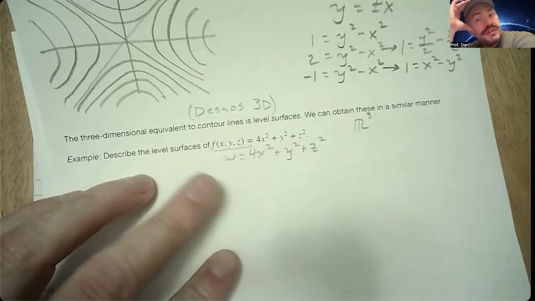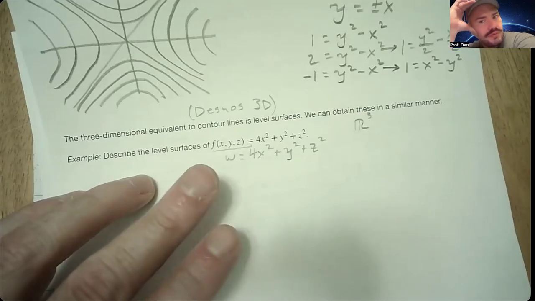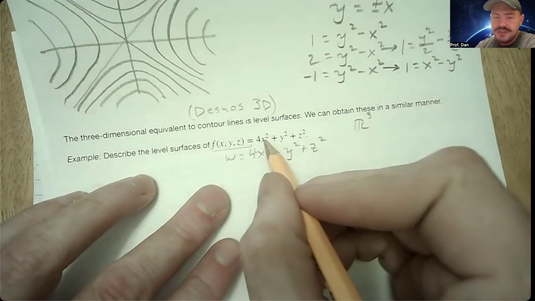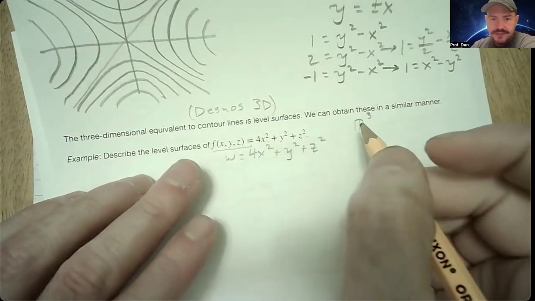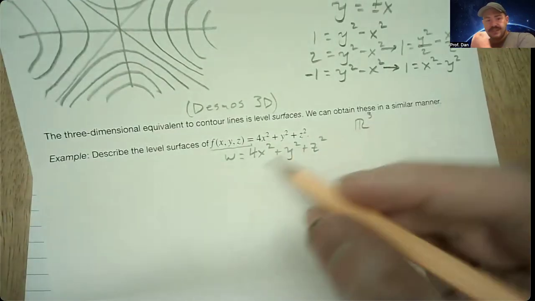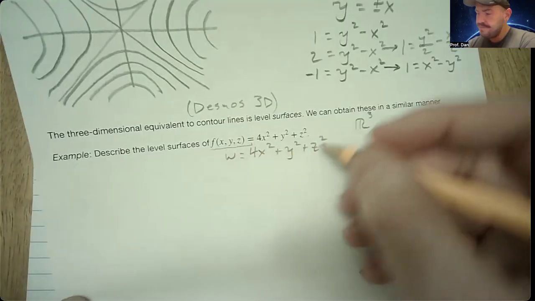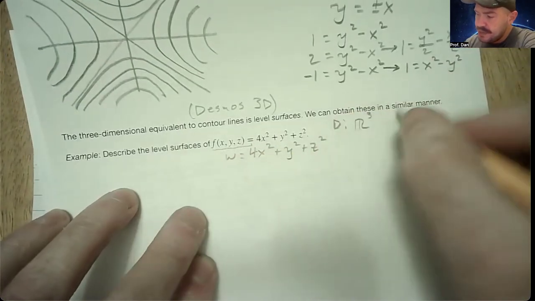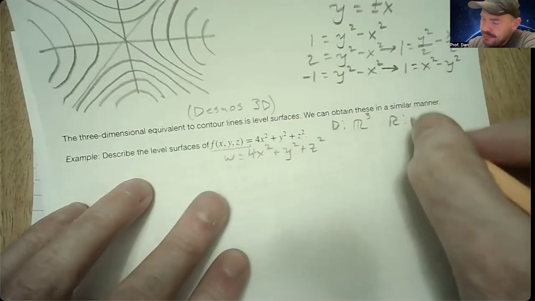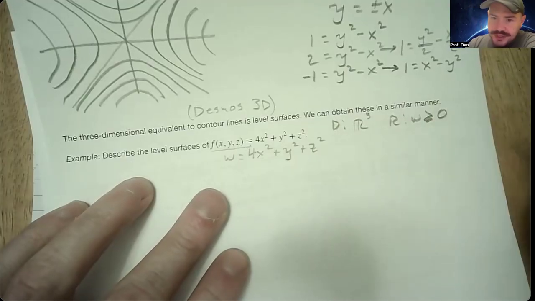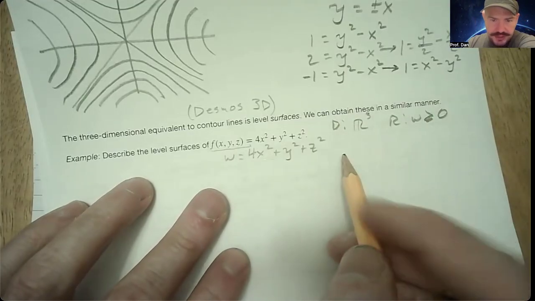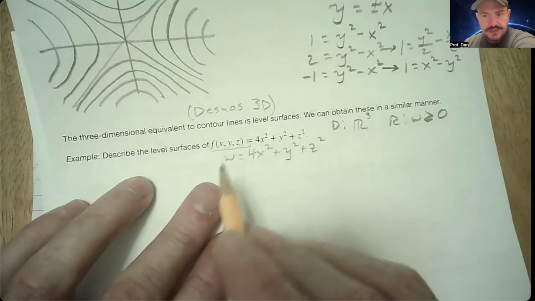The range, though, because we're squaring every number, the output has to be zero or something positive. So the range for w will be anything greater than or equal to zero, because these are all squared, so there's no way for us to get negative values of w.